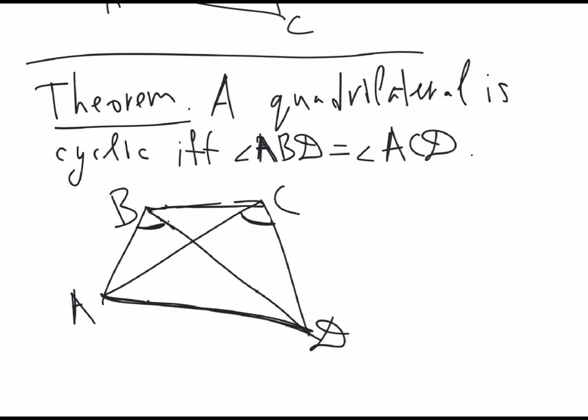Look, subtend, I'm not sure if you can use the word subtend for a side of a quadrilateral. It's usually used for an arc of a circle, but with a similar meaning. So these angles look at the same side of the quadrilateral AD.